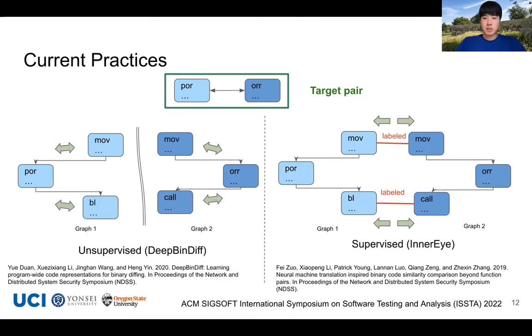The left part of the slide is a model from DeepBinDiff, which learns the embedding with the information only available within a binary. So it cannot effectively align the target block pairs that are across different ISA. The model at the right side is from InnerEye, which cannot align the target pair either, because it utilized two identical LSTMs that can only learn the semantic between the labeled pairs.